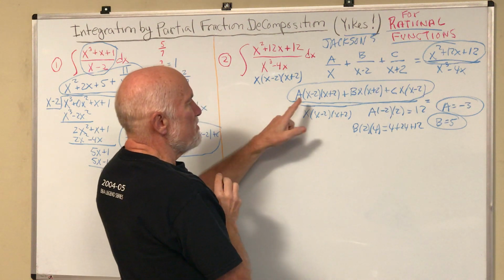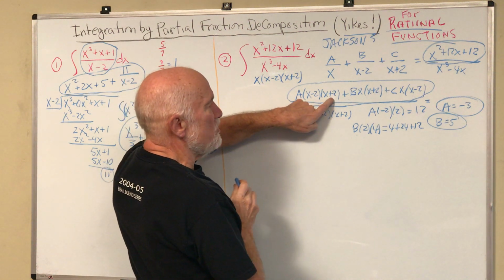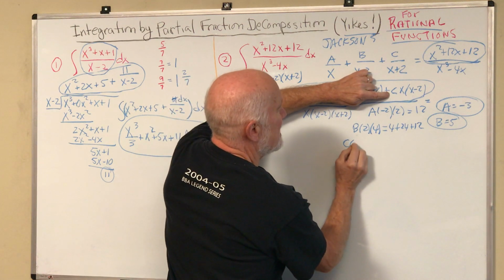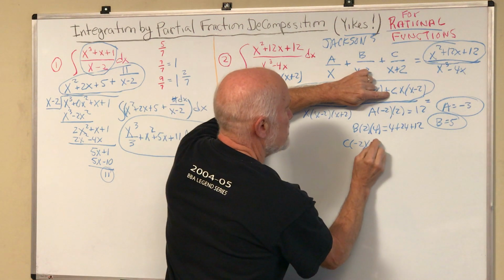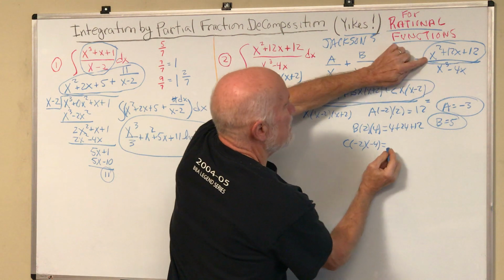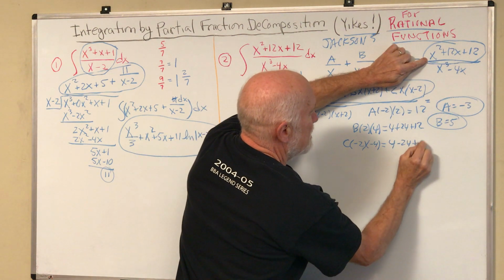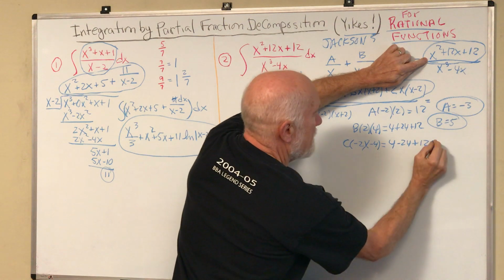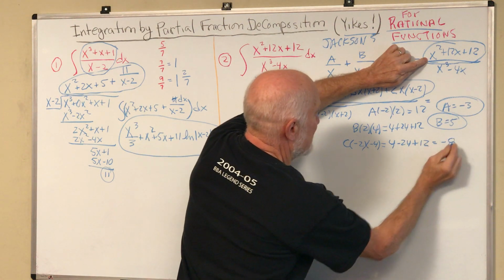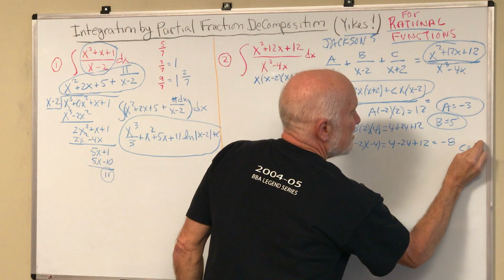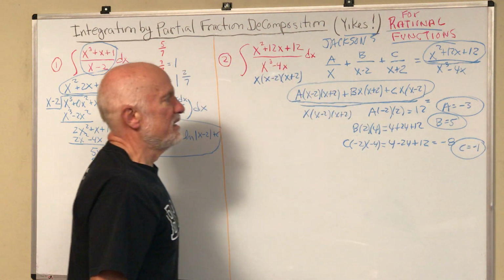And one more nice number to put in would be negative 2 for x. That wipes out these two, and you get c times negative 2 times negative 4 equals 4 minus 24 plus 12, or negative 8. So 8c equals negative 8, c equals negative 1.